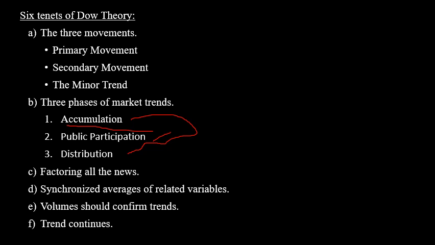Only when the factors indicating a reversal of the trend manifest themselves can we believe that the trend is petering out. So this is called trend continuous: a trend exists until definite signals prove that it has ended. So that's about the six tenets of Dow theory, which have been given after observing the trends in the stock market.